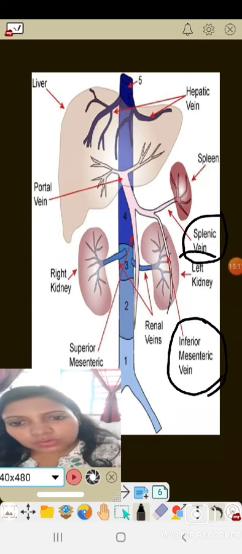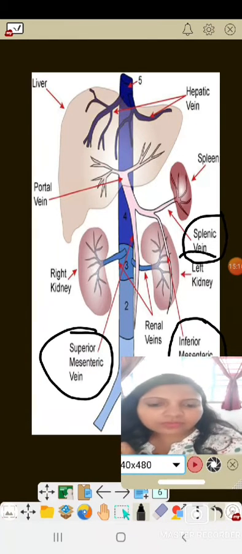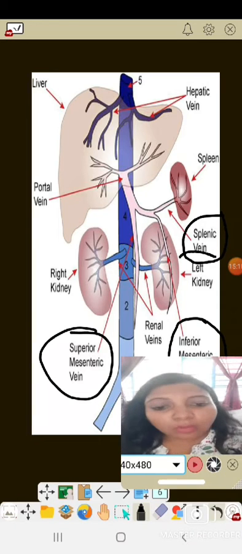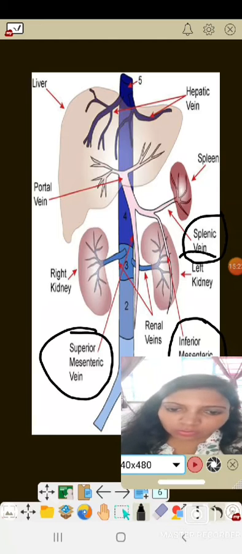Okay. And next is the superior mesenteric vein. The superior mesenteric vein arises from the small intestine and colon. We say it as colon.